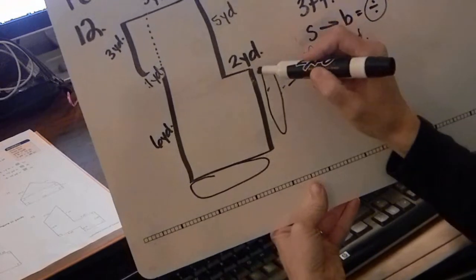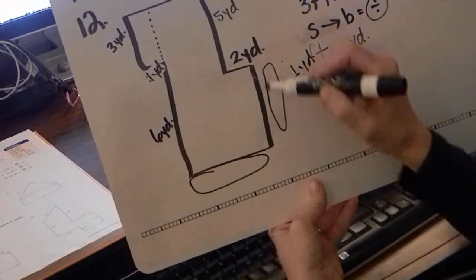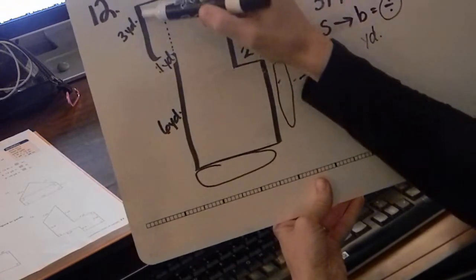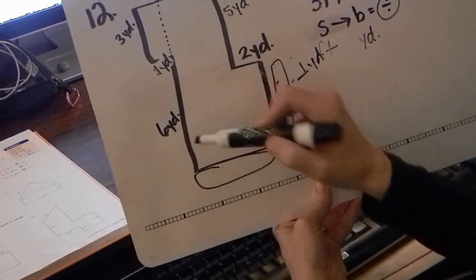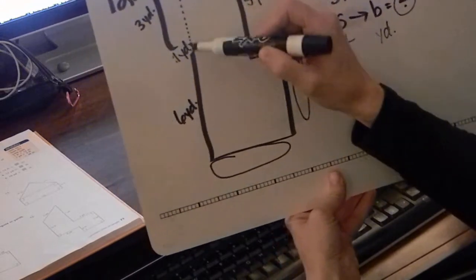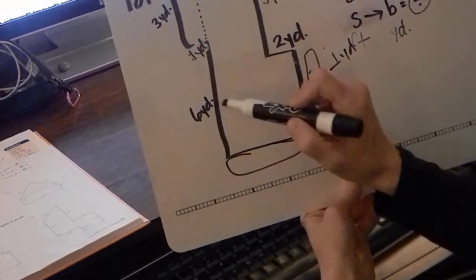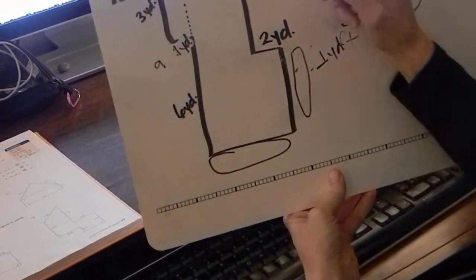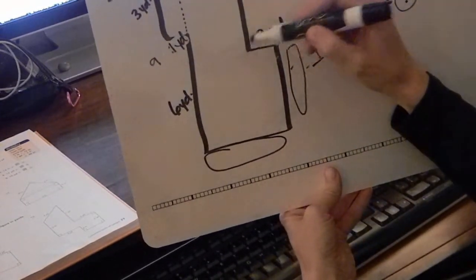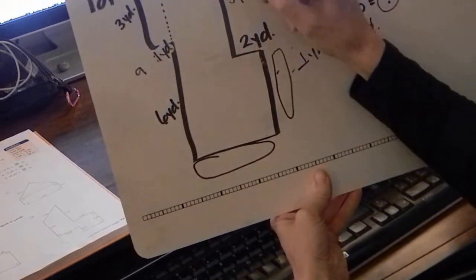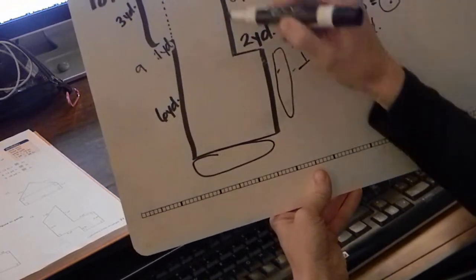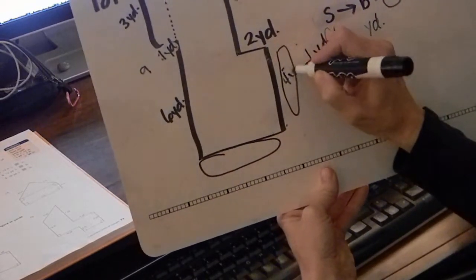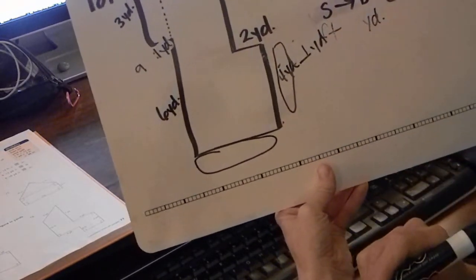We may not know what this side is, but this side plus this side is going to equal this plus this. Let's add up this side first because we have both measurements. 6 yards plus 3 yards is 9 yards. We need to get 9 yards out of this line and this line. Well, this is 5 yards. 5 yards plus how many yards equals 9 yards? That's 4 yards. We're almost there.